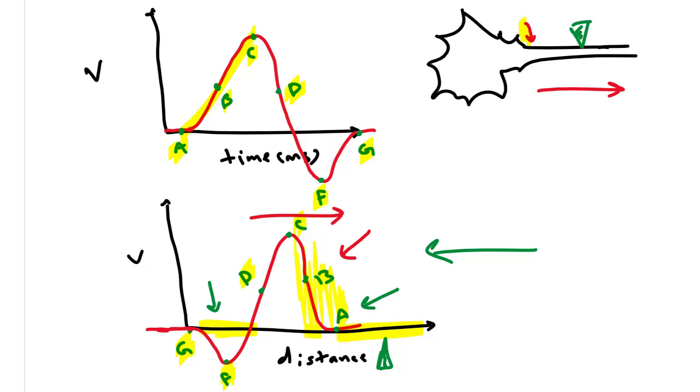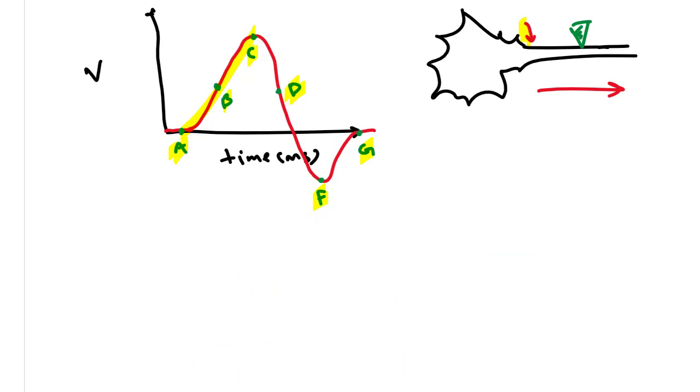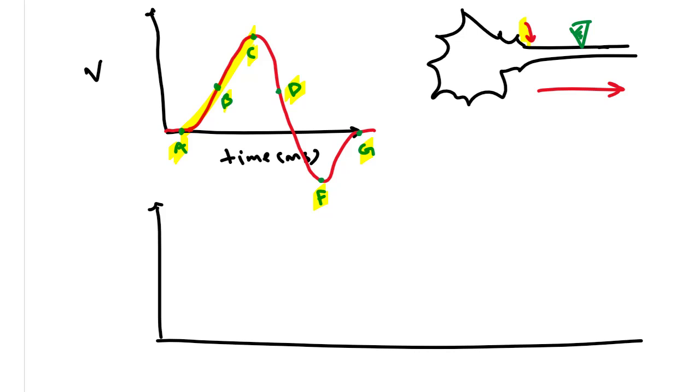Okay? And let me actually erase this and redraw it. So let me just draw the membrane. I'm just going to have my Y be the voltage. But here's my membrane, my patch of membrane, right? And this is voltage, and this is distance. But this is really my patch of membrane. Okay? What I'll have is, here's my action potential right here.